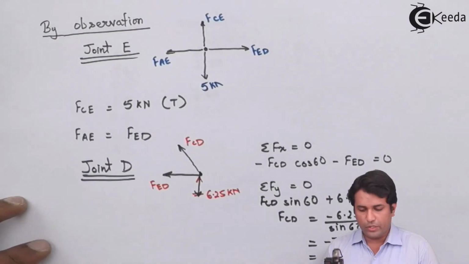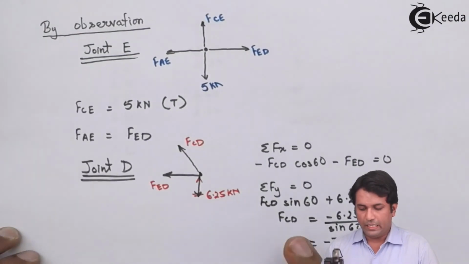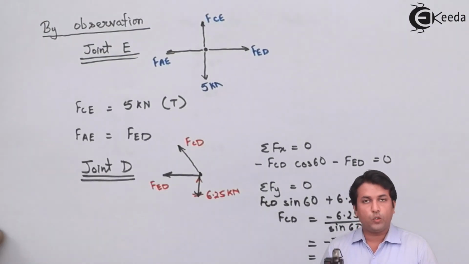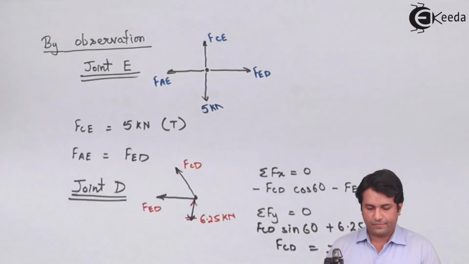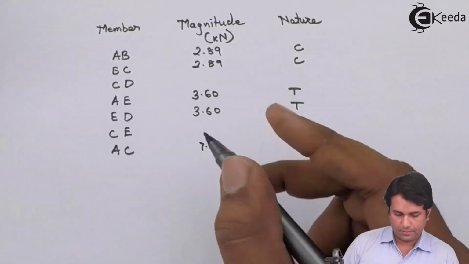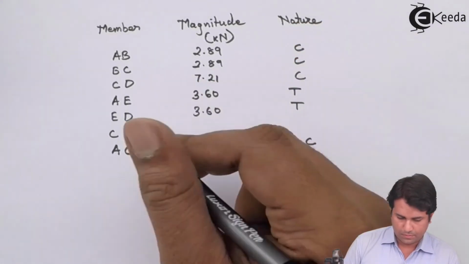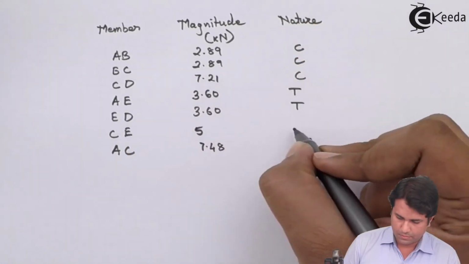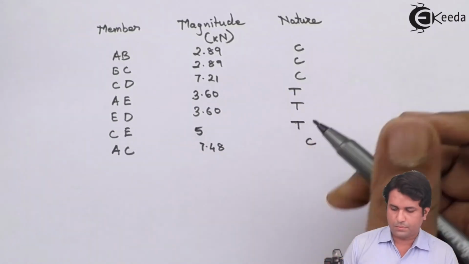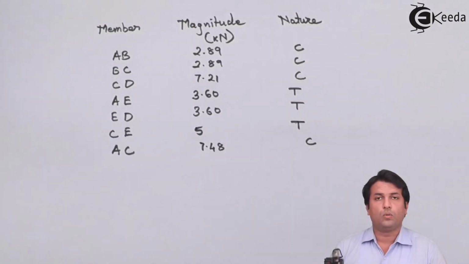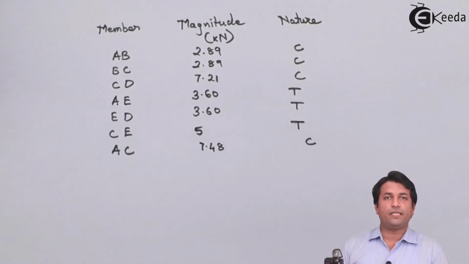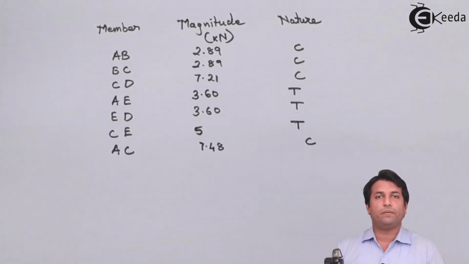CE is 5 kilonewtons and CD is 7.21 compressive. So this is how we have calculated the forces in all the members.